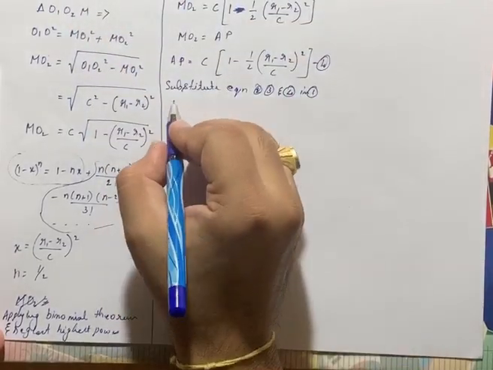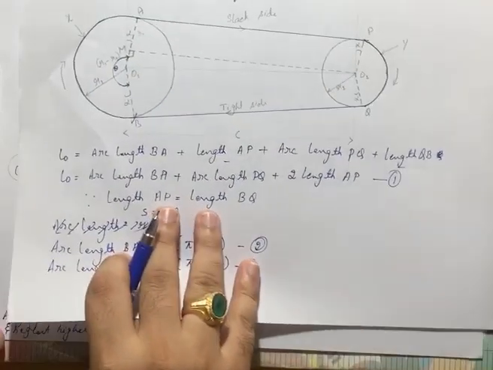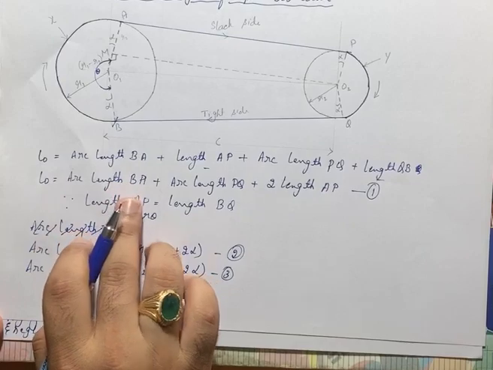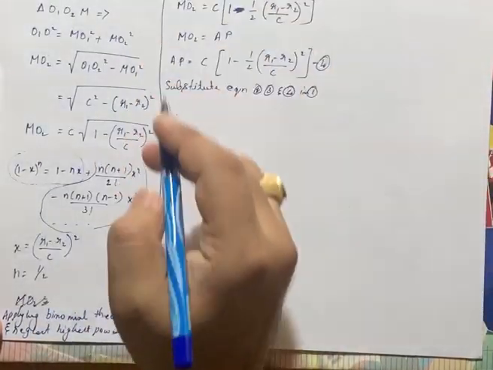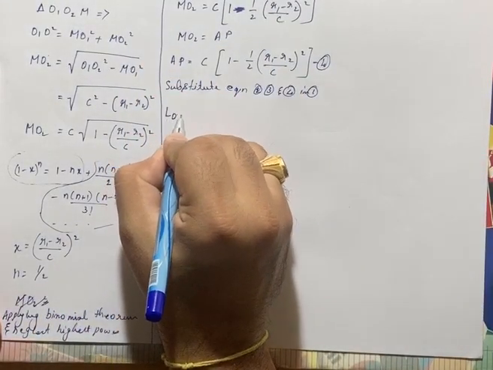Now, what is equation number 1 we have? That is LO is equal to arc length ABA, where LO is the length of open belt drive.